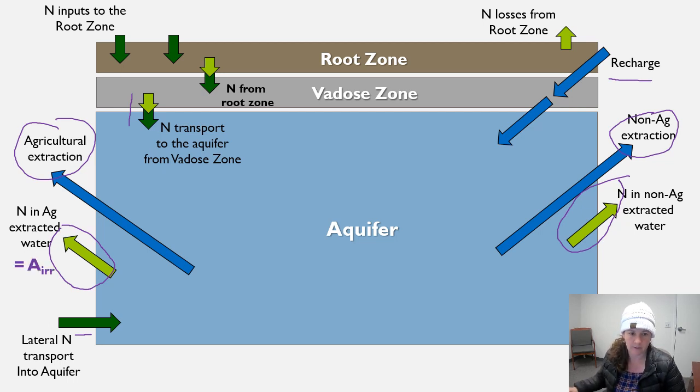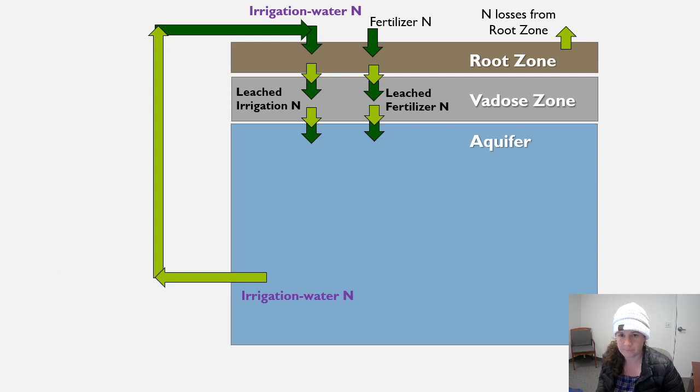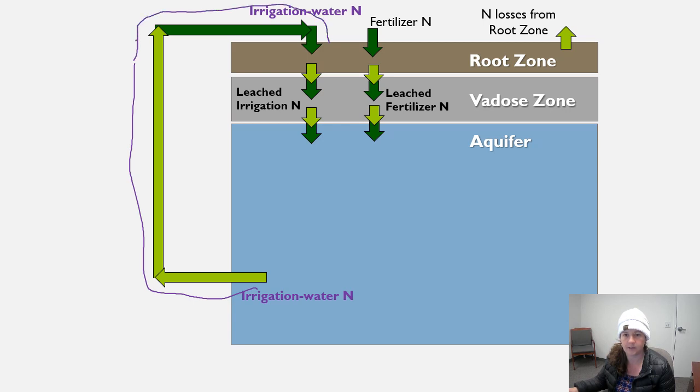This is the number A-EAR. It's reported by growers in their TNA reports and in the forthcoming INMP reports. So that loss arrow that I was just talking about, this irrigation water nitrogen leaves the aquifer, it's pumped up to the surface, and it's applied to the root zone.